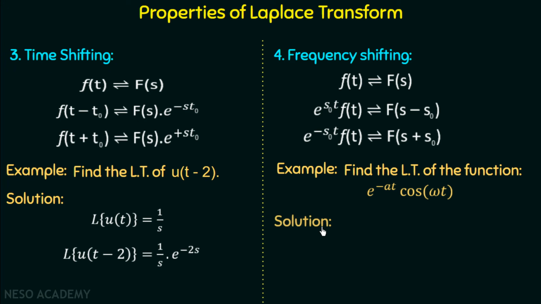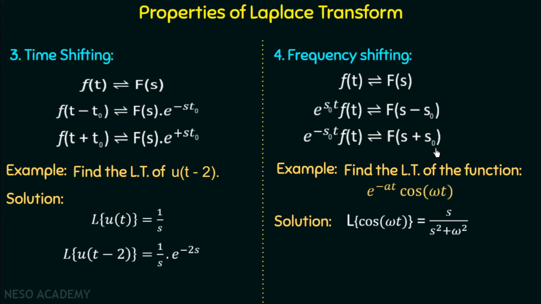Moving on to the solution, we are having the Laplace transform of cos omega t as equal to s over s square plus omega square. And now we are having e to the power minus at multiplied with cos omega t. So we need to replace s by s plus a. Because if we are having e to the power minus s naught t multiplied with f of t, we need to replace s with s plus s naught.